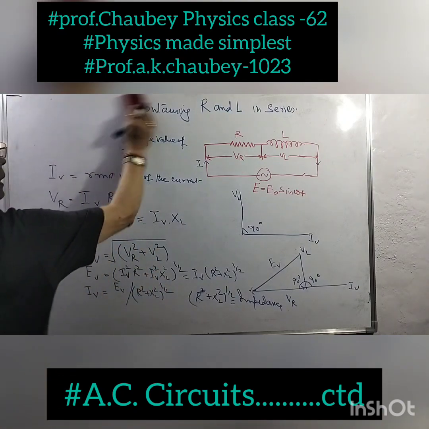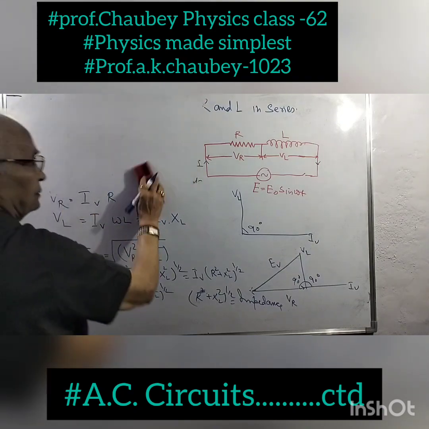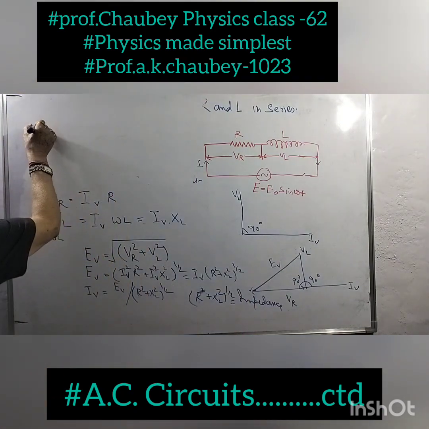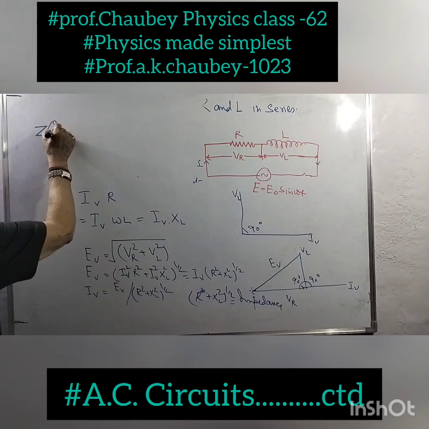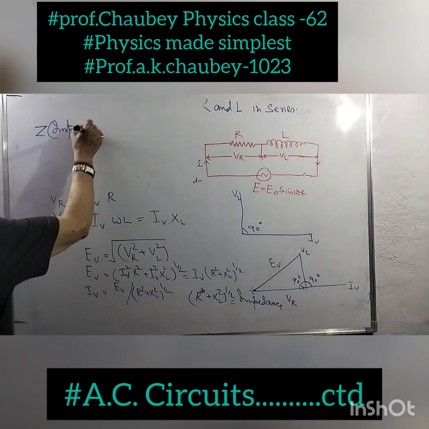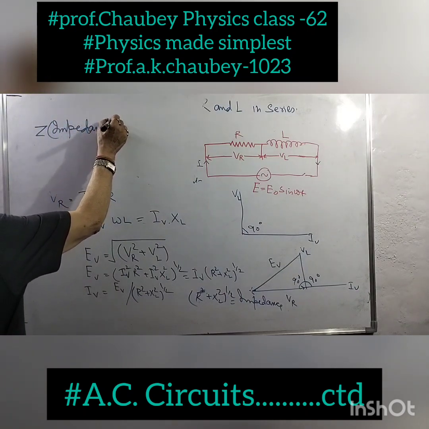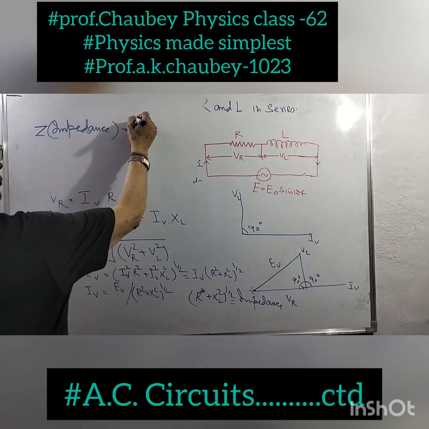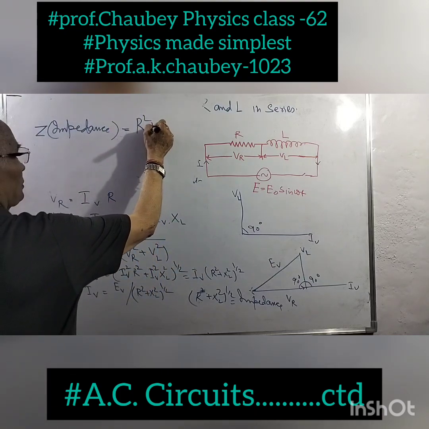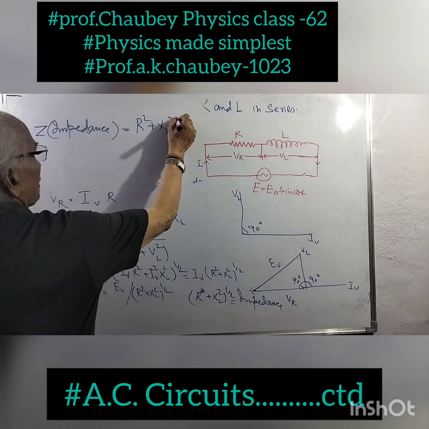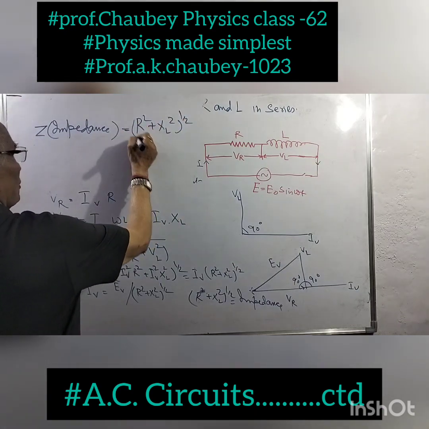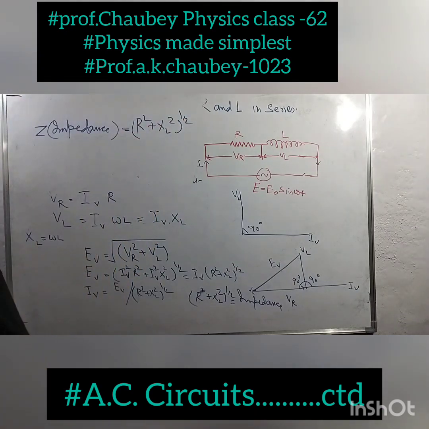This is called impedance, represented by the symbol Z. Z is the impedance, equal to R square plus XL square, to the power 1 by 2. This is for the inductance and resistance circuit.